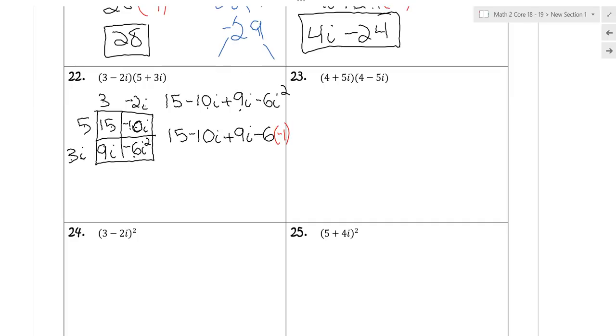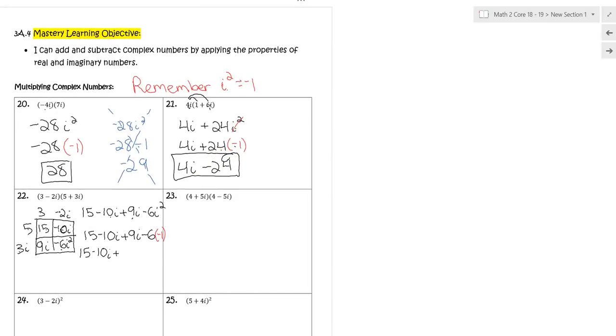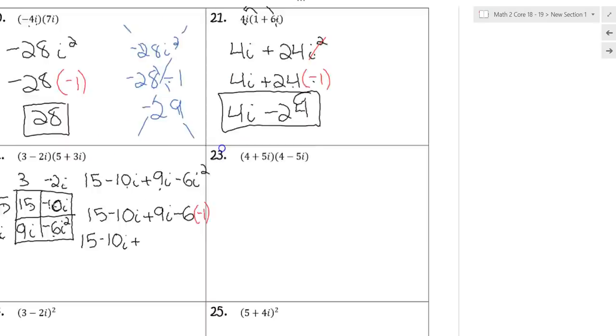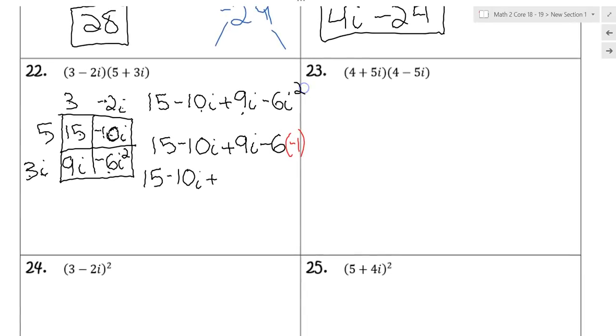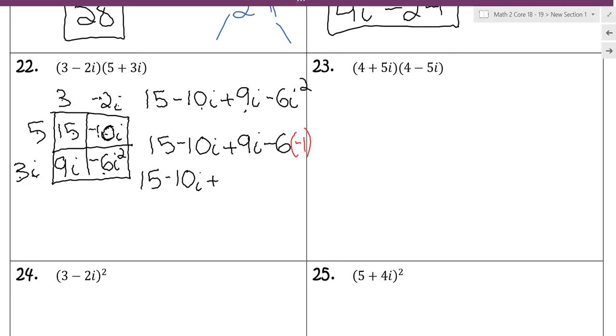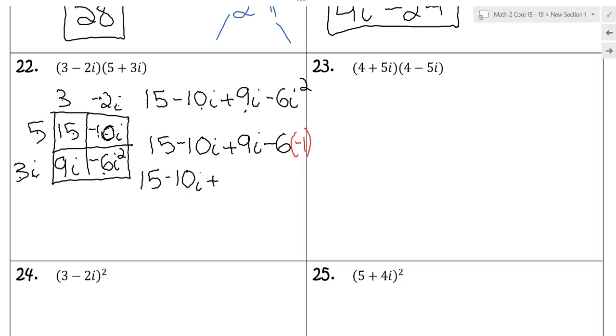Negative 6 times negative 1 is positive 6, right? A negative times a negative is positive.